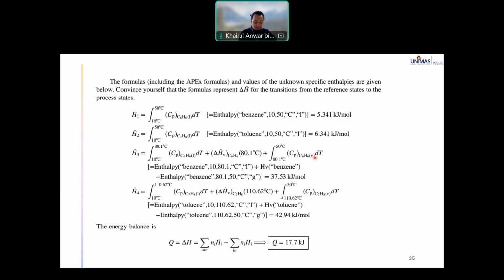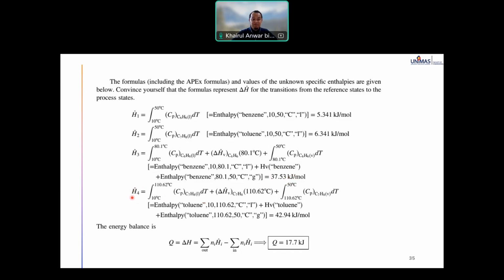So in this case, gas or vapor is G. Then you choose the second one. The difference between liquid and gas form for benzene is the amount of numbers for A, B, C, and D in the heat capacity integration. So you need to do this, then see whether you get the same value or not.